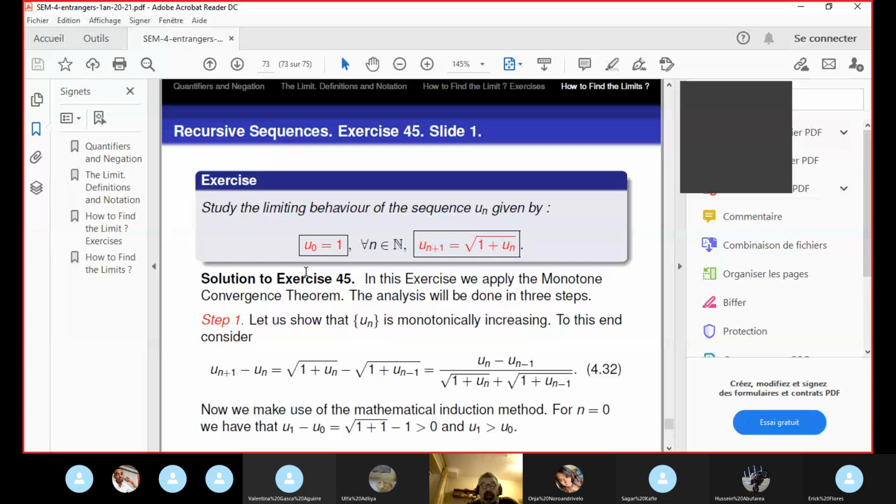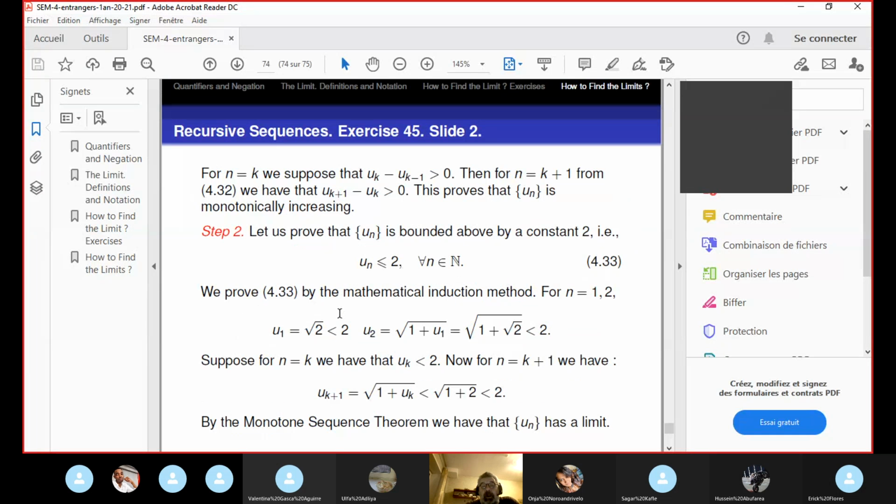Then the left-hand side will also be positive. Then I can say that u sub k plus 1 minus u sub k is positive. And our method proves that our sequence is monotonically increasing.